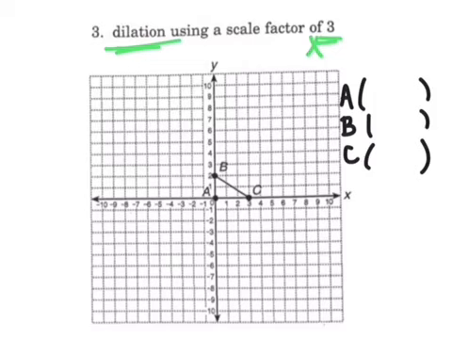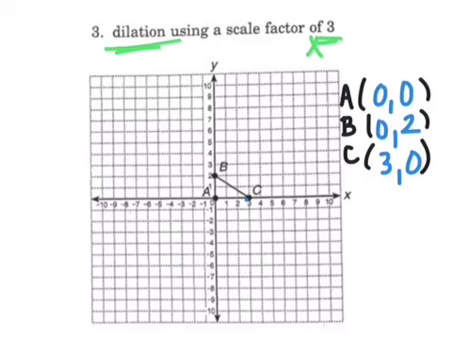Our original A is at the origin, so that's just 0, 0. Our original B is over 0 and then up 2 blocks. And our original C is over 3, but doesn't go up at all. So there are our ordered pairs.